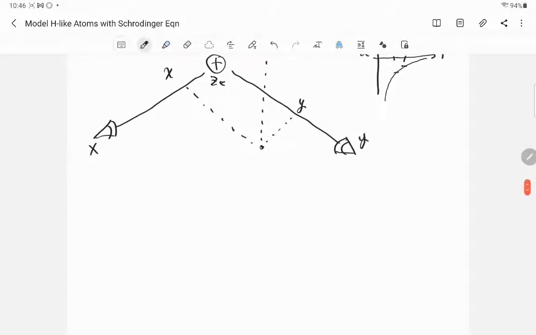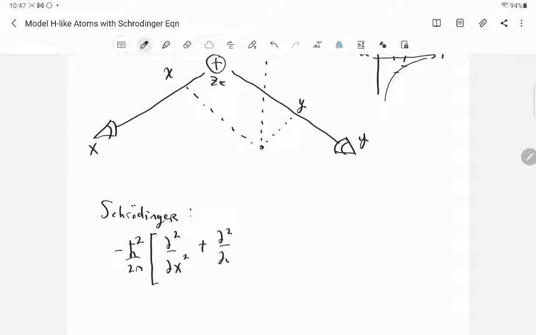So if I wanted to write down Schrodinger's equation now, it's going to look like this. Remember, it starts with, so let me write this. So Schrodinger now looks like the following thing. You go minus h bar squared over 2m, and then, strangely, I'm going to write it this way. It's d squared by dx squared plus d squared by dy squared plus d squared by dz squared.